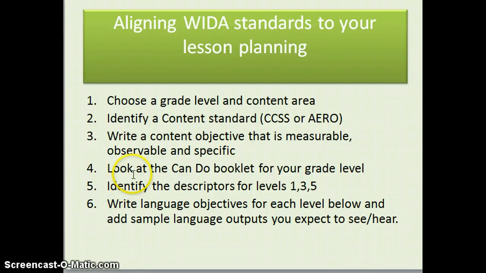If you want, you can even stretch yourself and write for levels 1, 3, and 5, okay? Freeman, if you remember, talked about writing at the word, sentence, and paragraph level. That would be sort of the same thing here. And then write your language objective that would support the content standard or your content objective.